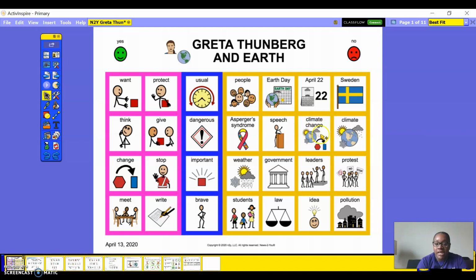And climate change can be very harmful for the Earth. But Earth Day is coming up on April 22nd, and that is when you can learn about different ways to help protect the Earth. All right, guys, and that is the end of our story.